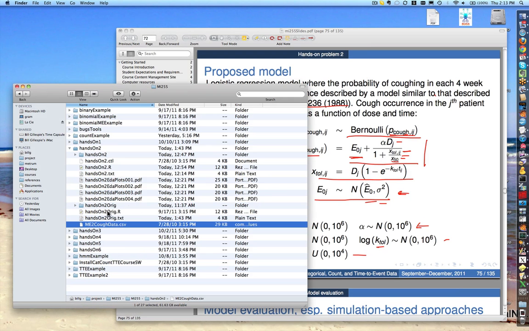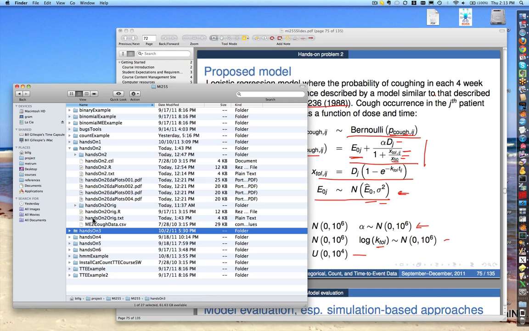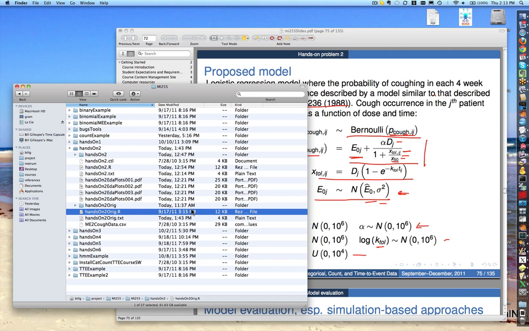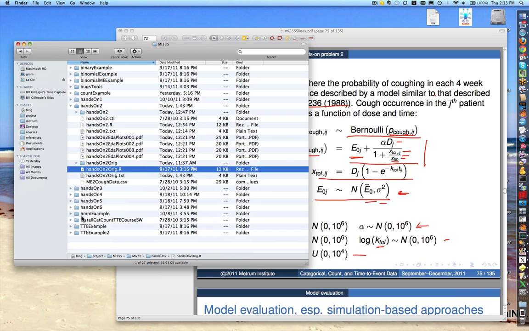Now, the versions of the model that you have are named hands-on2.txt for the WinBUGS model and hands-on2.r for the R script.